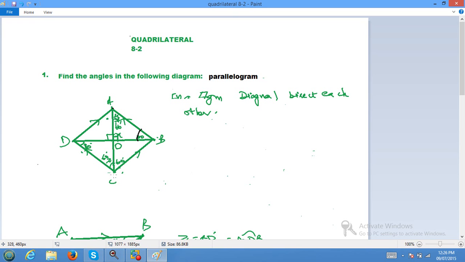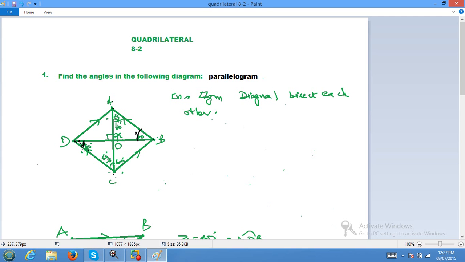Now AC and DB bisect each other. So now what we do, AB is parallel to DC. So the angles ABO and DBC, these two are equal because these two lines are parallel. They are alternate angles.